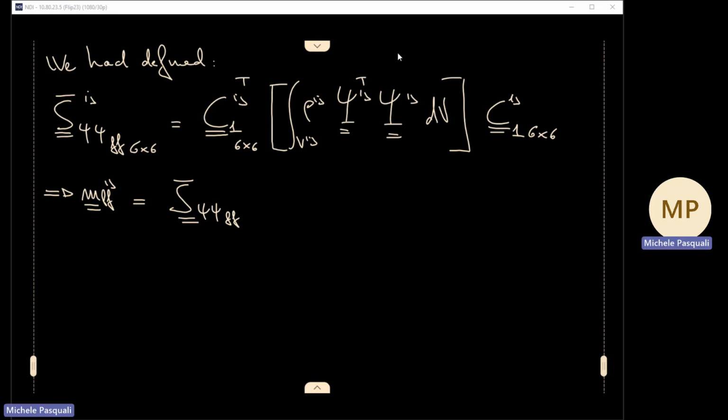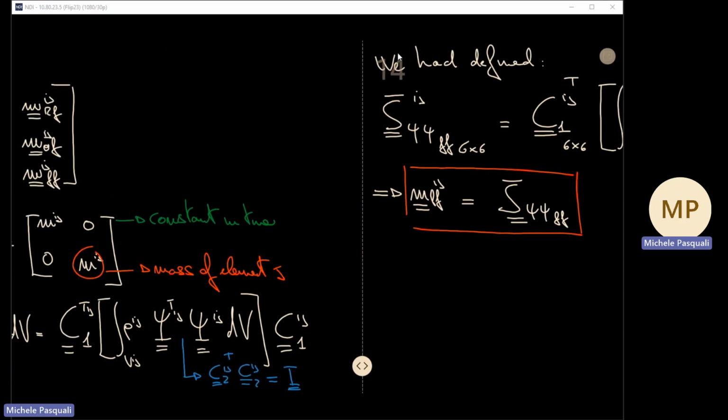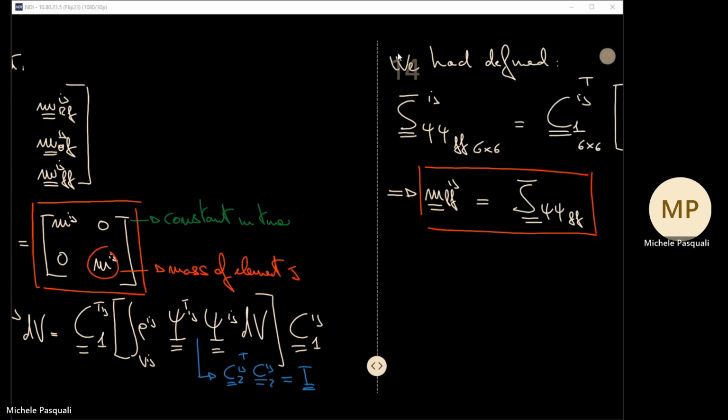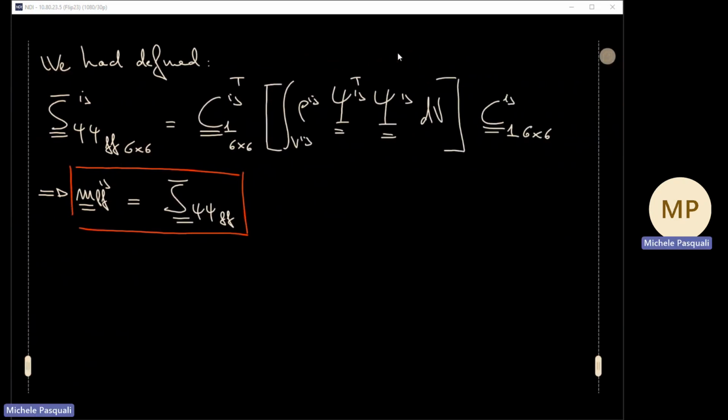Now, so this is, if you want, the second result that we have defined. Well, this is the first, but okay, it's kind of trivial. So here, with the definition of this inertia shape integral, we have already basically calculated once and for all this submatrix.